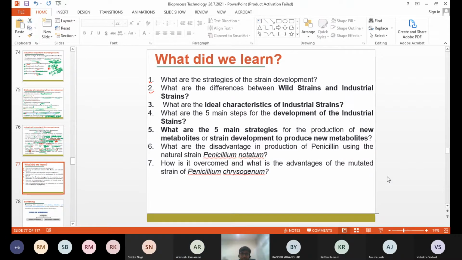So what are the 5 main steps for the development of the industrial strains? We have seen. Anyone else? What are the 5 main steps? Rahul Kumar, Rahul, are you there?